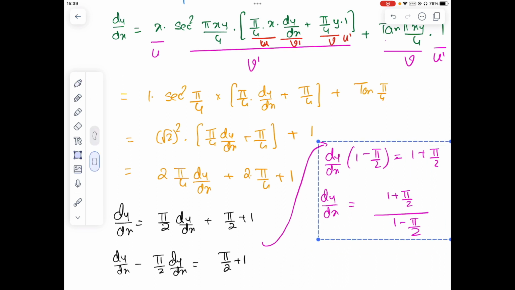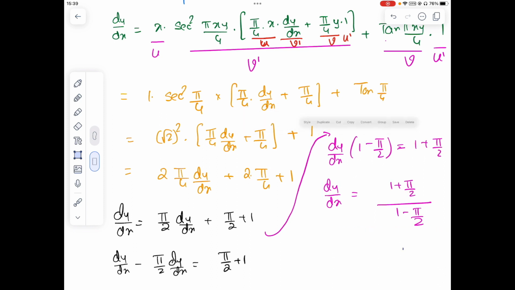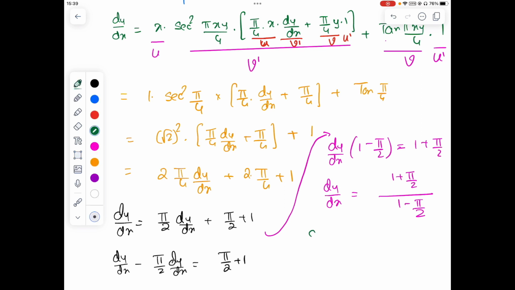Further, dy upon dx equals 2 plus pi upon 2 divided by 2 minus pi upon 2. Then the 2 cancels, that is the required answer: 2 plus pi upon 2 minus pi.